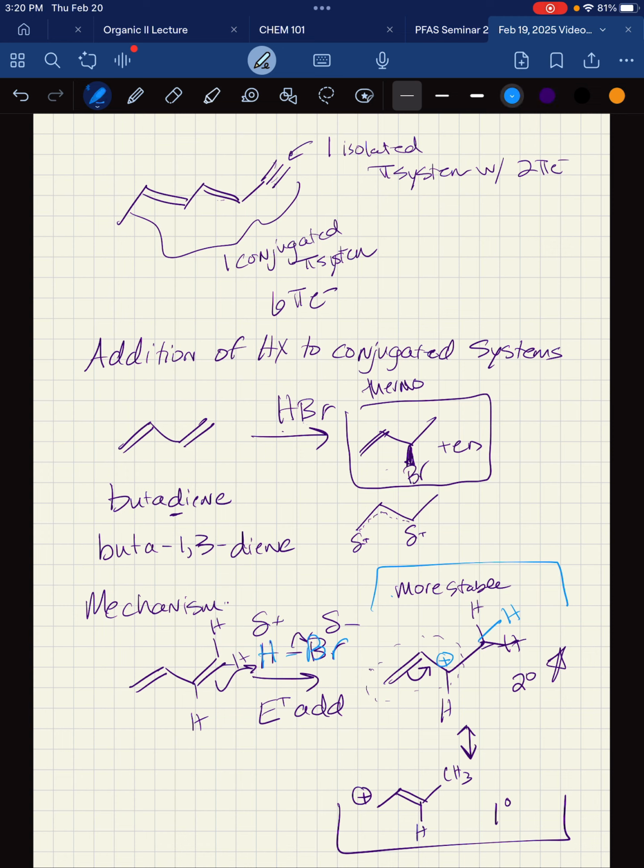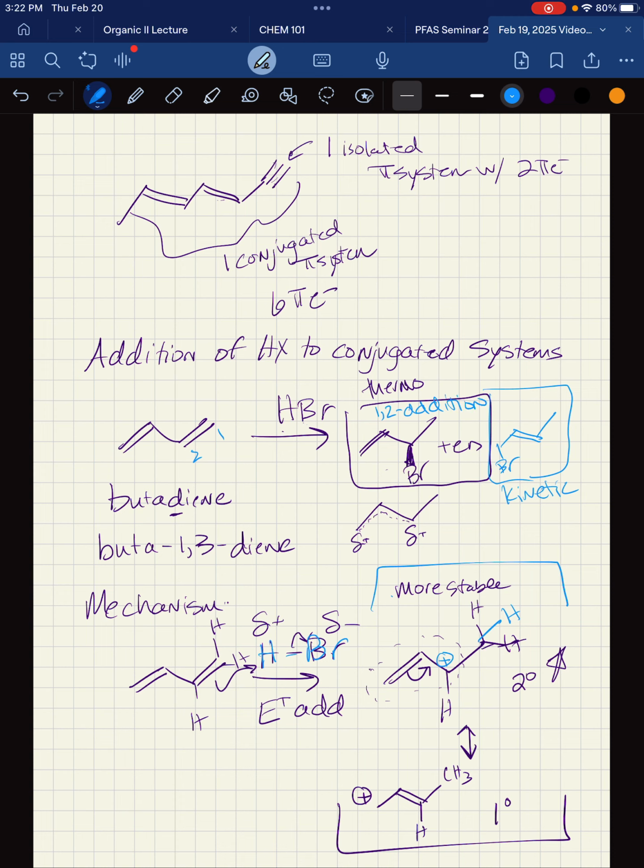And then the other set, this is the kinetic product. This one, the thermodynamic product, because we added to the two atoms that are beside each other, this is often called the 1,2 addition.